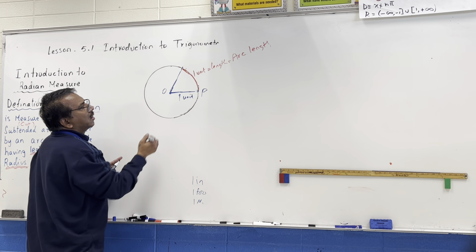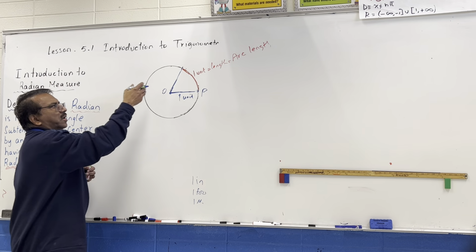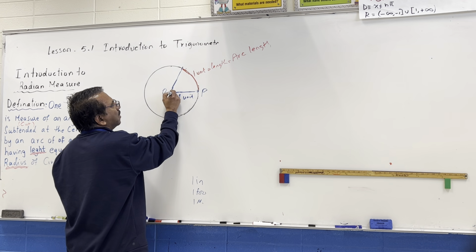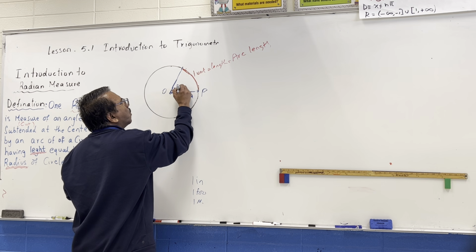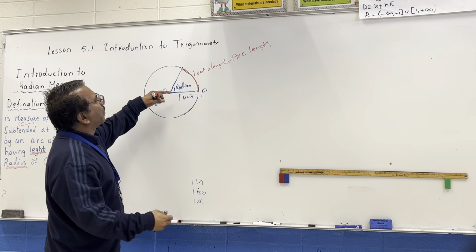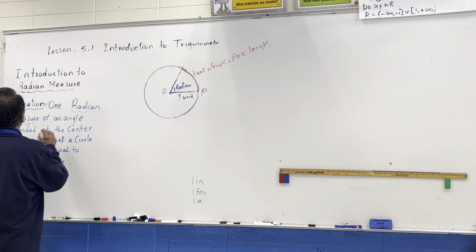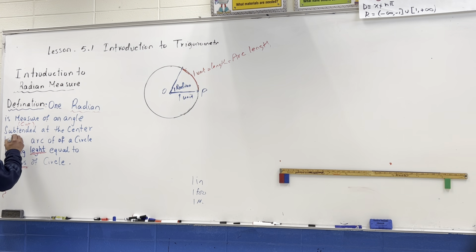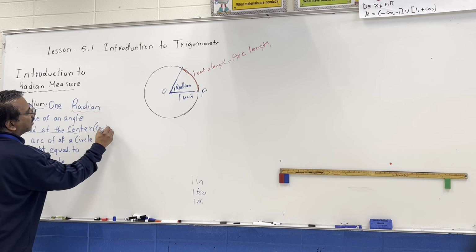You can see the definition says an angle, whichever that is here, is the angle. What is it? By definition this is called 1 radian. You see that? So 1 radian by definition is the angle at the center. It's a central angle also. So when you talk about the measure of an angle subtended at the center, this is also the central angle.